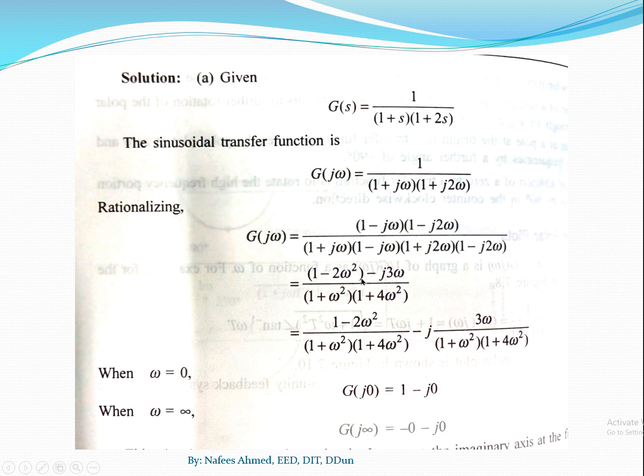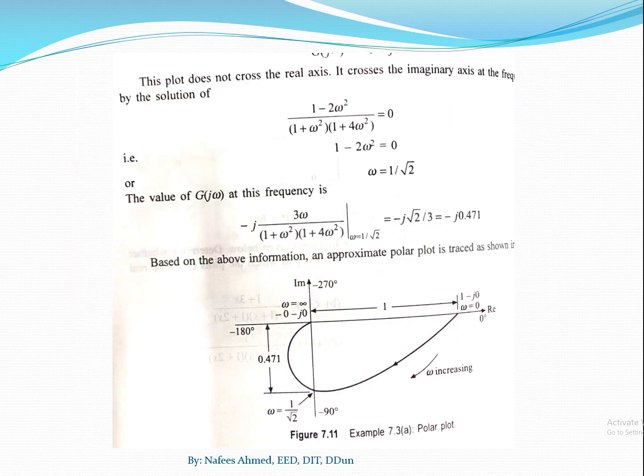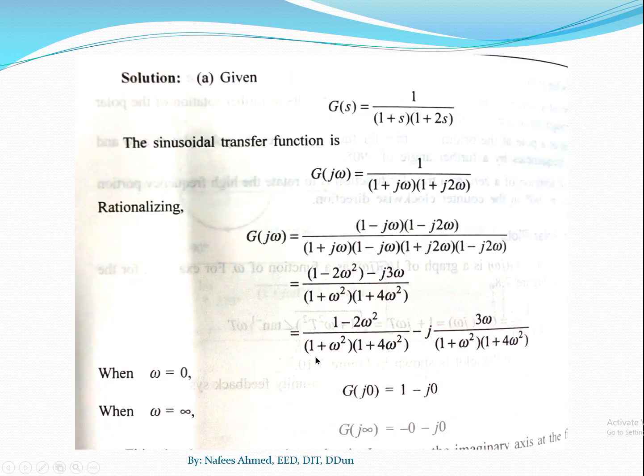If I want to separate it out, the first will be your real part and the second will be your imaginary part. Next, I will put omega equal to 0. Sorry, I will be putting the imaginary part equal to 0 in this to find the intersection with the real axis.